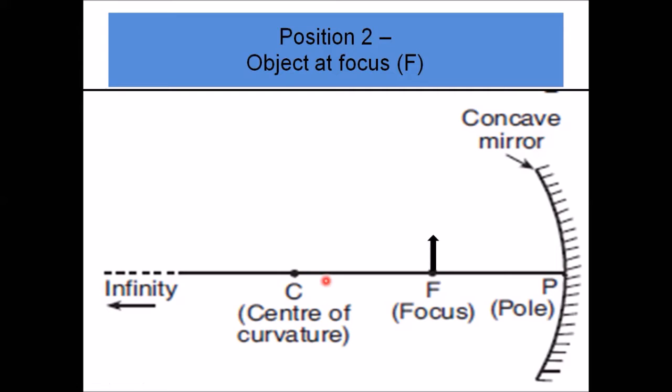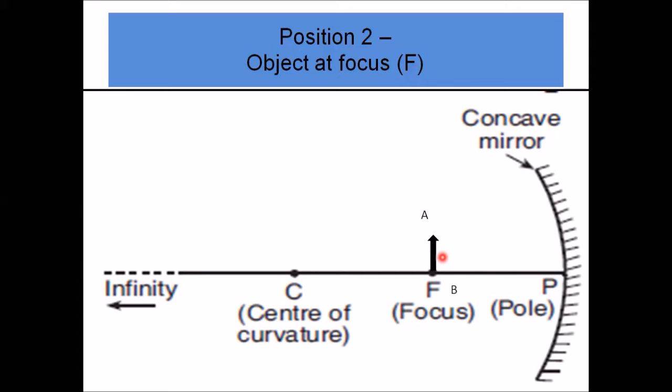Now see, here is the object denoted by an arrow with the name AB. As we already know, we need at least 2 rays of light coming out from the object. After reflection, they will intersect somewhere and the image will be formed there.